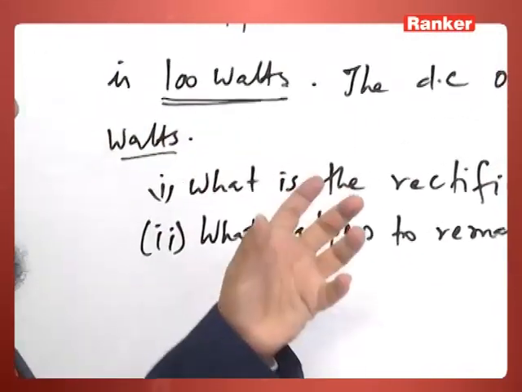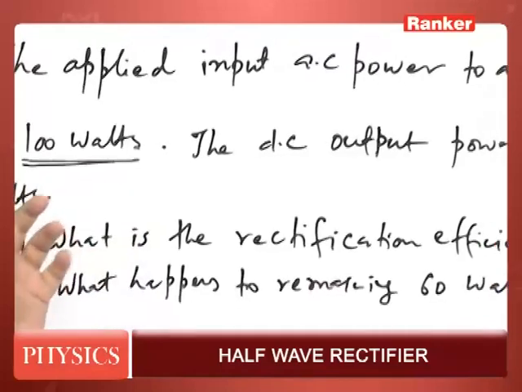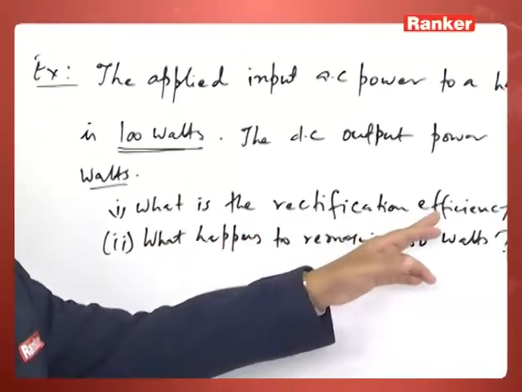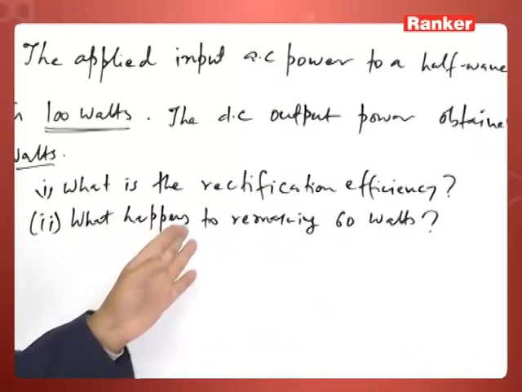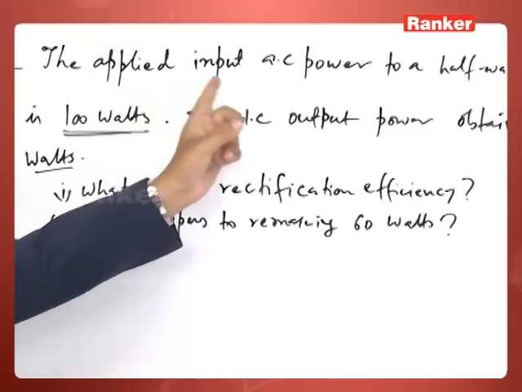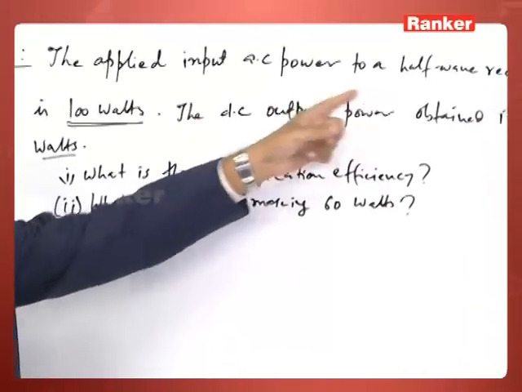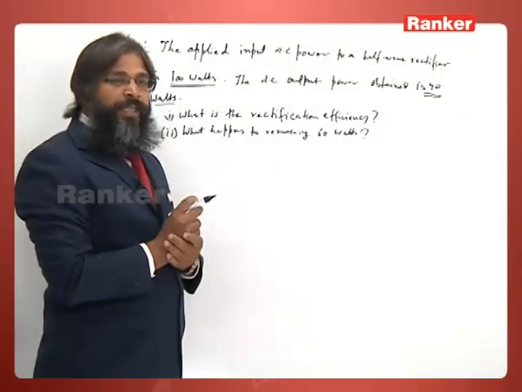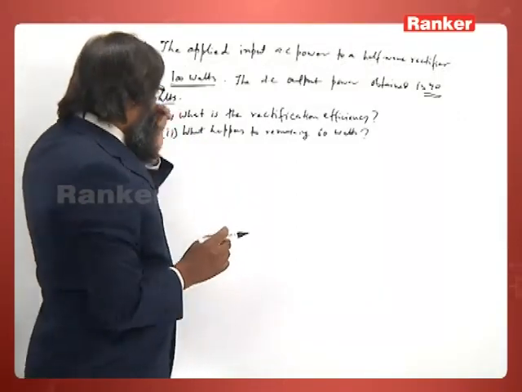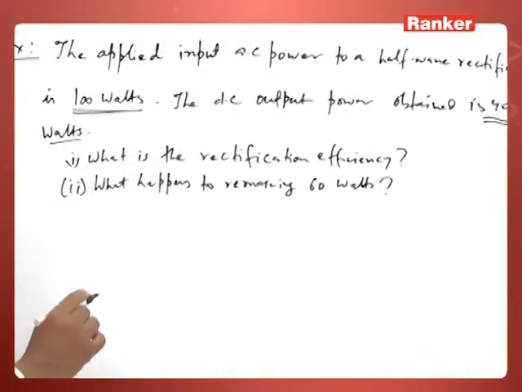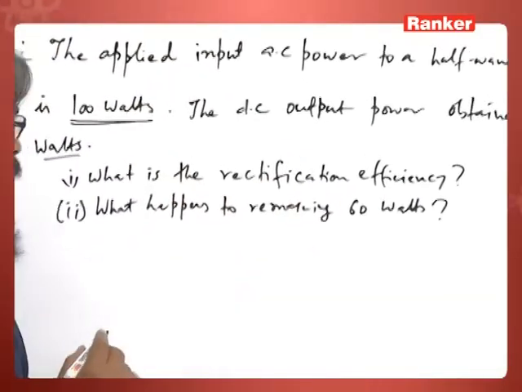So input we have given is 100 watts, output we are getting 40 watts. What is the rectifier efficiency and what happens to the remaining 60 watts? Again see, we have given 100 watts input and we are getting only 40 watts output.